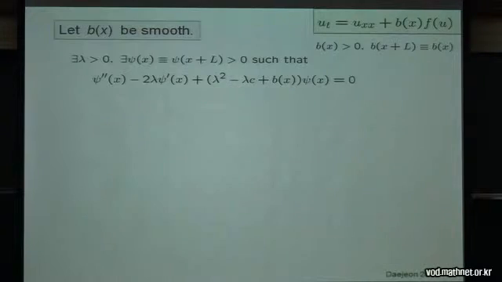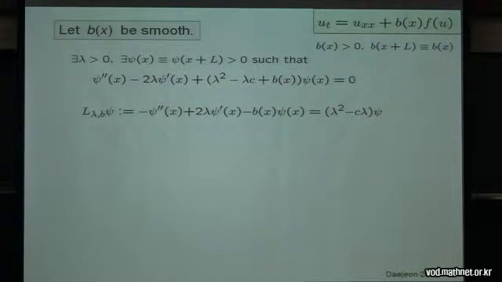Now, again, this is the same equation. Again, I remind you that I defined a second order ODE operator in this way.